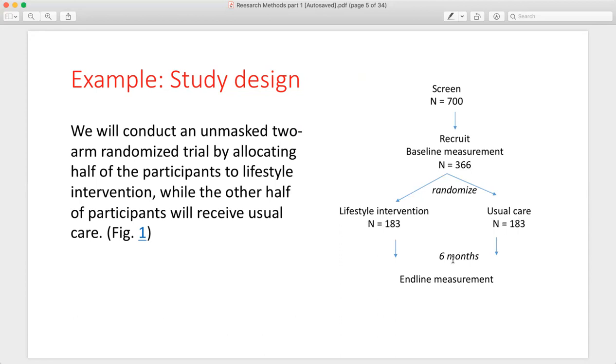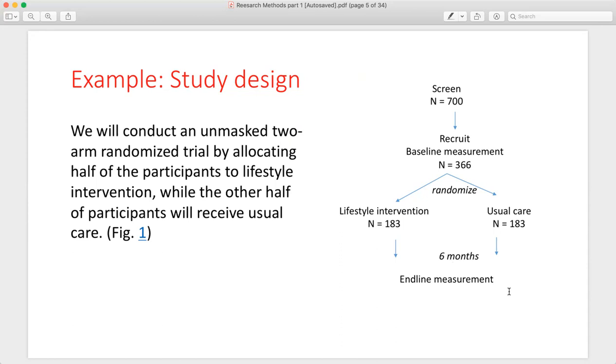And then after 6 months of receiving the intervention, we will measure the endpoint measurement. So this is a very clearly written study design with the figure.